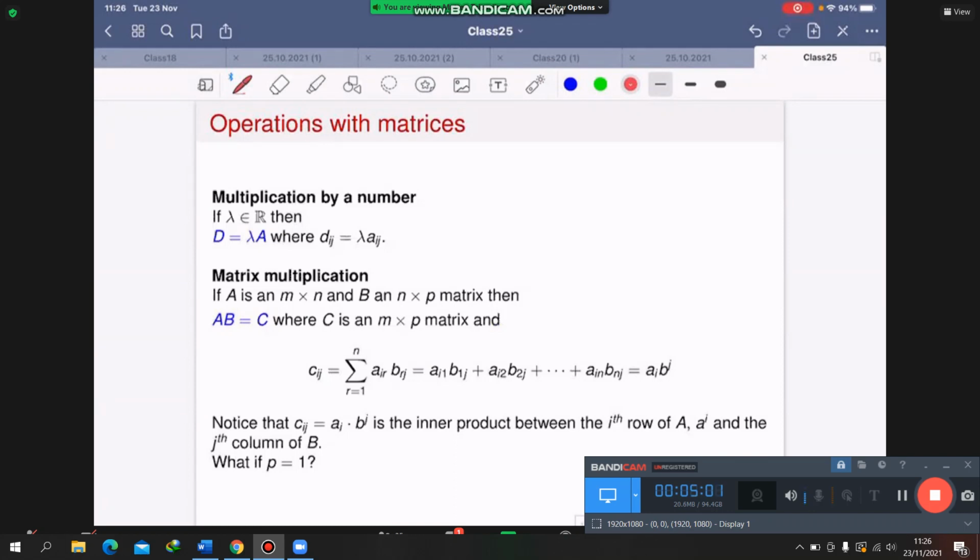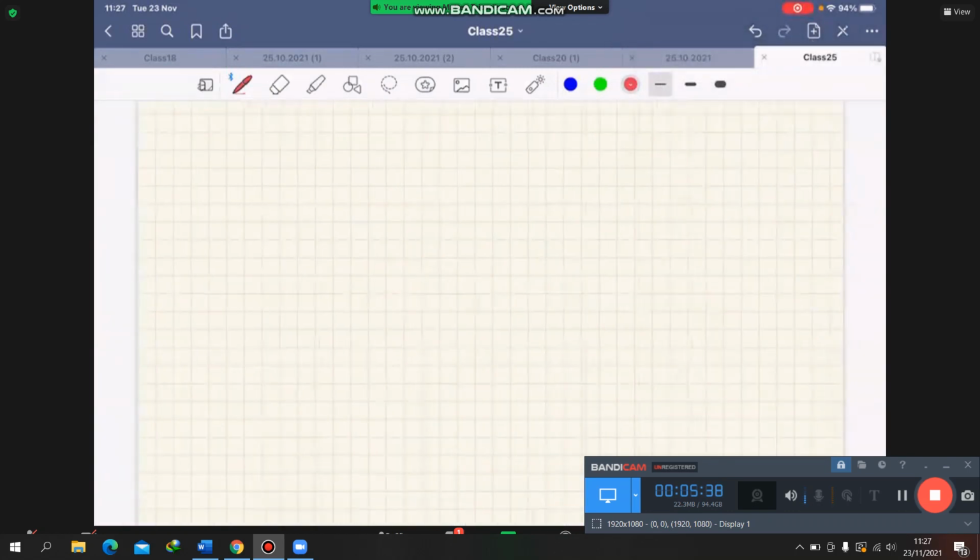What is more complex is the product of two matrices. Basically, first of all, the product of two matrices is defined if and only if the dimensions of the two matrices are in a particular relation.